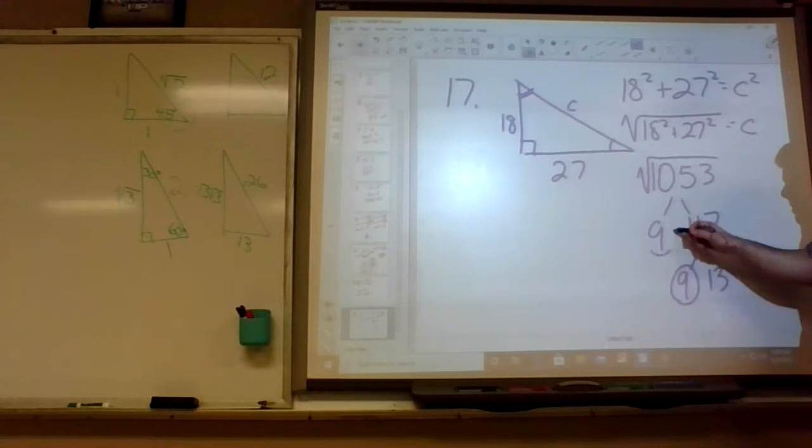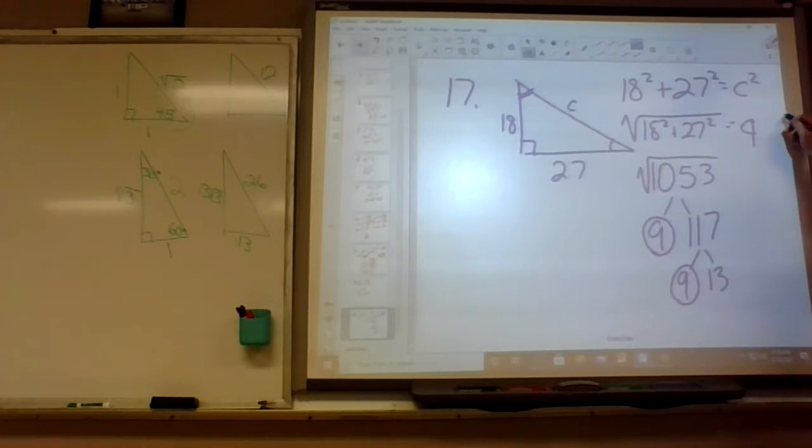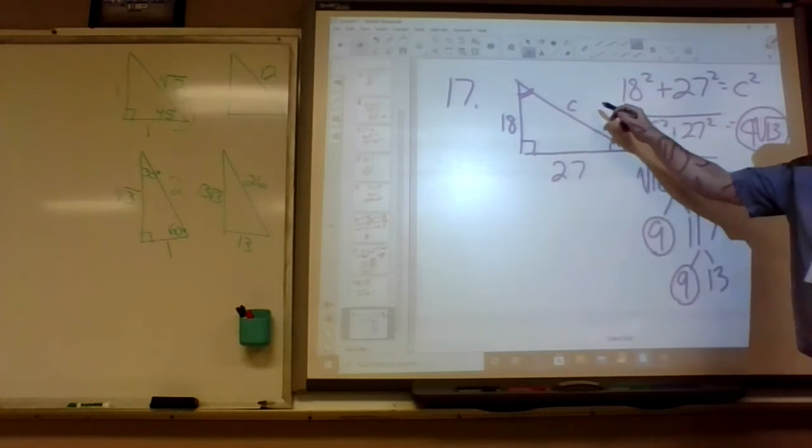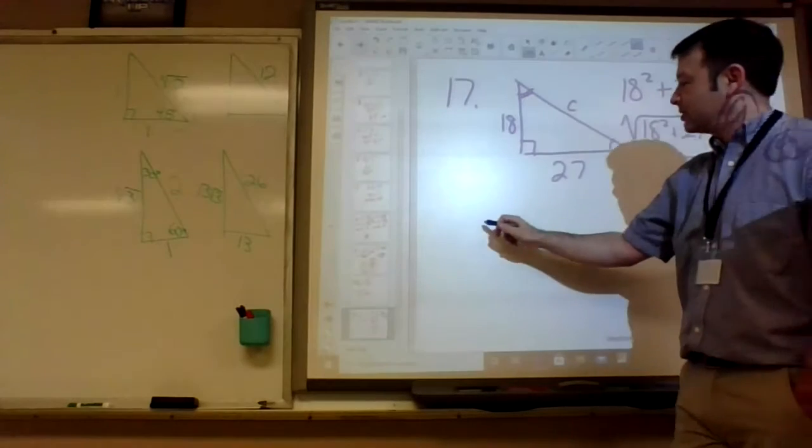So it's going to be 9 square root of 13. I wouldn't do that to you guys, it's too much. Casios can do that automatically, so we could share the Casios, I guess, if we had to. Anyway, that's the first answer. C is 9 square root of 13.